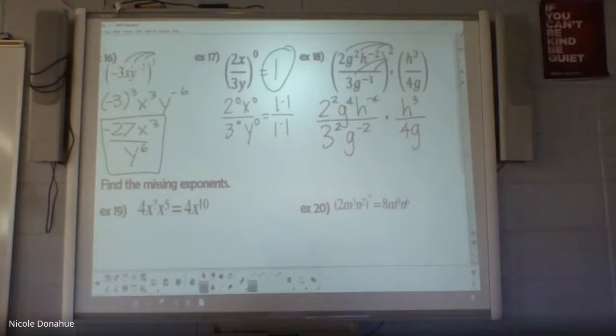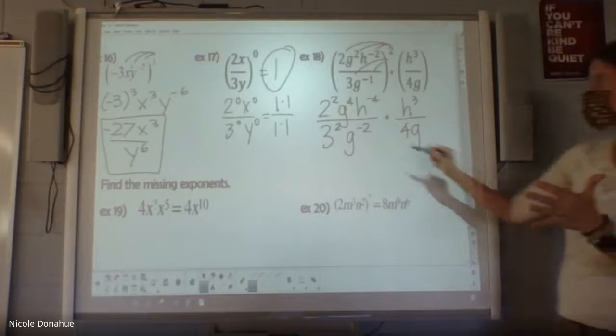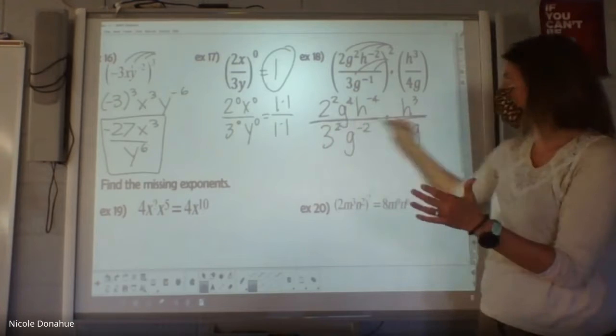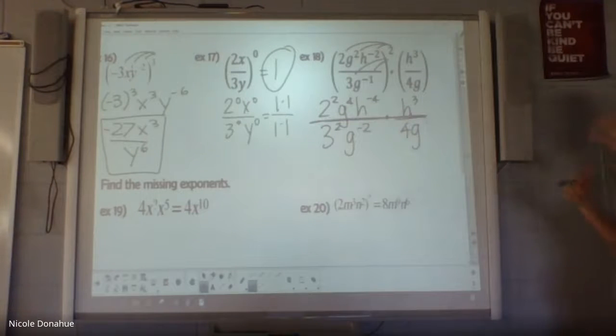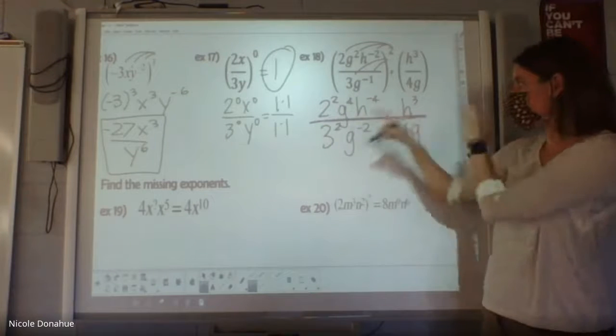Now what do you want to do? Any thoughts? Put them together. Yeah. Okay. So what we can do when we're putting them together, we can put the whole top together and then the whole bottom. Some of you guys might want to get rid of negative exponents, up to you, but this is fine. We can multiply everything together.